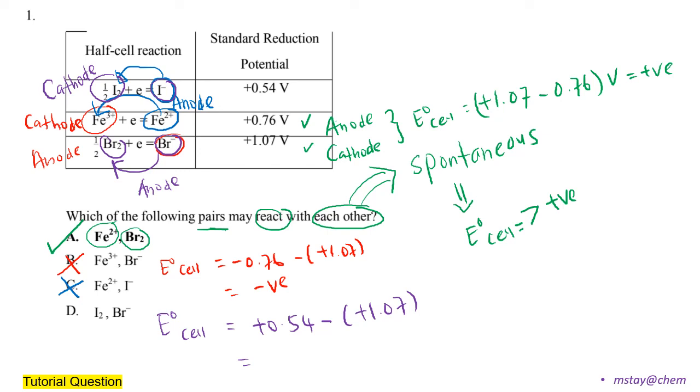So positive minus here will become a negative value. So pair D is also not accepted, it will not react with each other. So only pair A will react with each other.